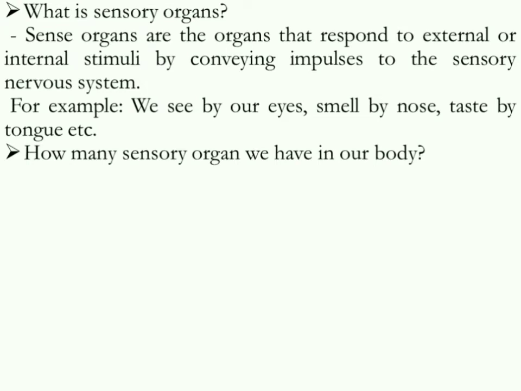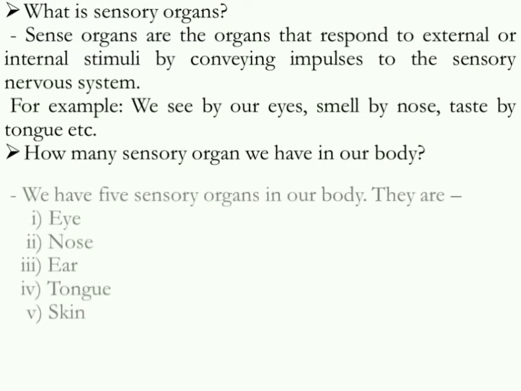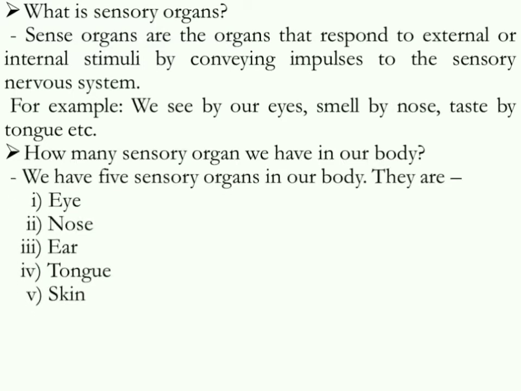Now we can know how many sensory organs we have in our body. Actually, we have 5 sensory organs in our body. They are eye, nose, ear, tongue, and skin.